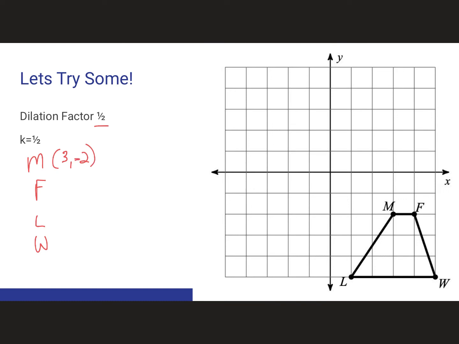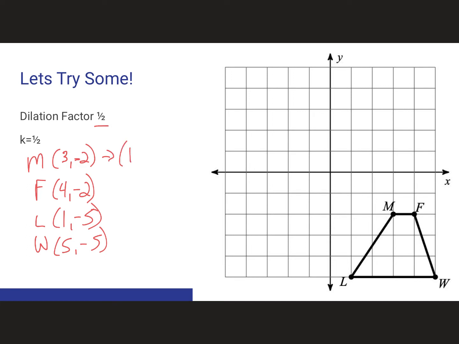F is at the point 4, -2. L is at the point 1, -5. And W is at the point 5, -5. So each of those are going to multiply by 1/2. Remember, multiplying by 1/2, same thing as dividing by 2.